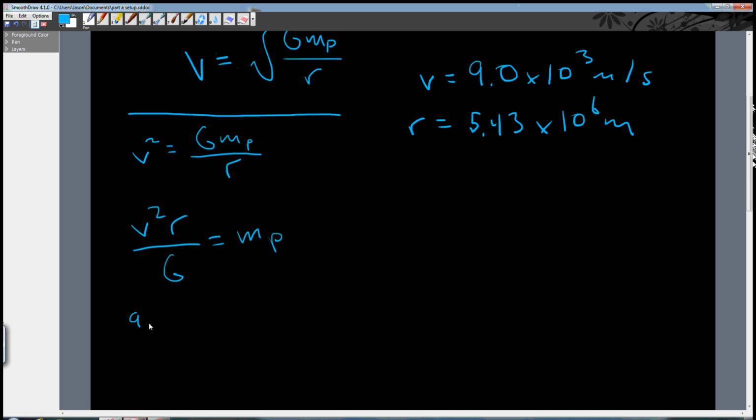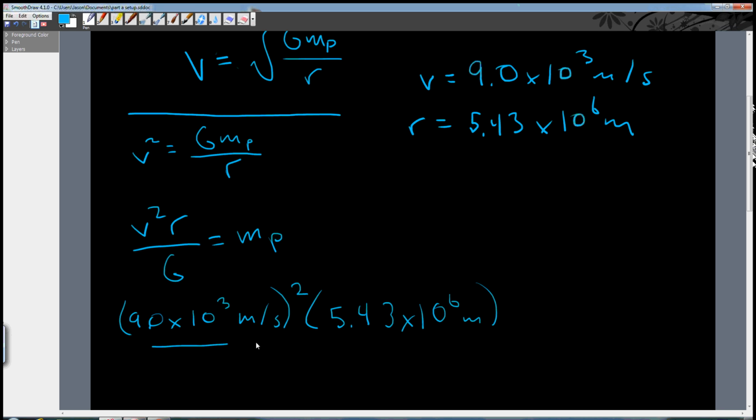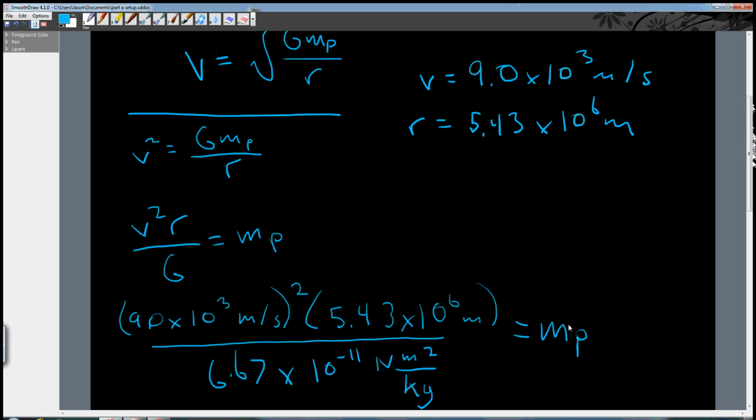That's going to be 9.0 times 10 to the third meters per second, that whole value squared, my R is 5.43 times 10 to the 6th meters, and this is all divided by G, which if I remember correctly, I'm getting kind of sick of it, 6.67 times 10 to the negative 11th Newton meters squared per kilogram, and this is all going to tell us the mass of this planet.